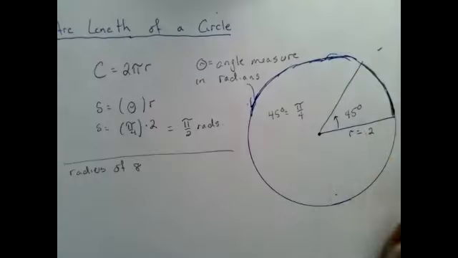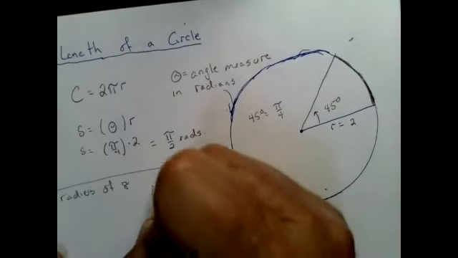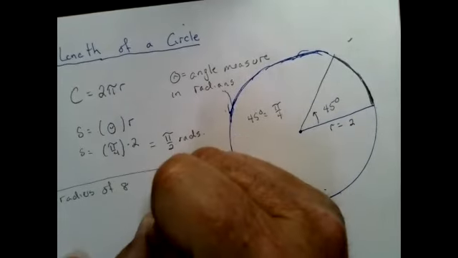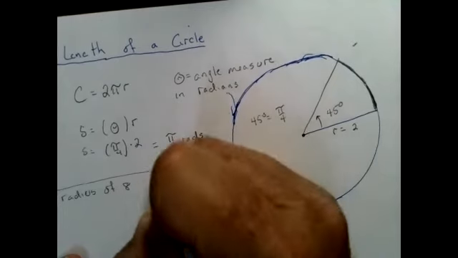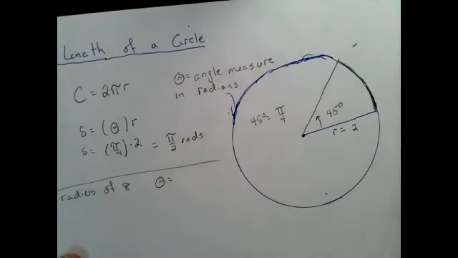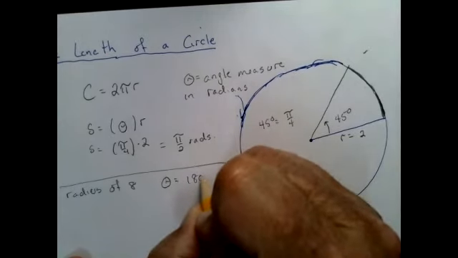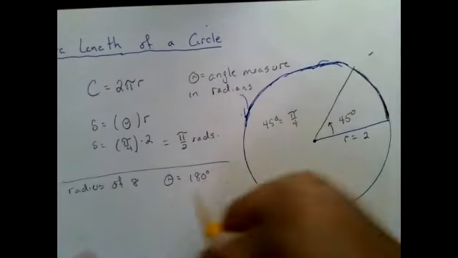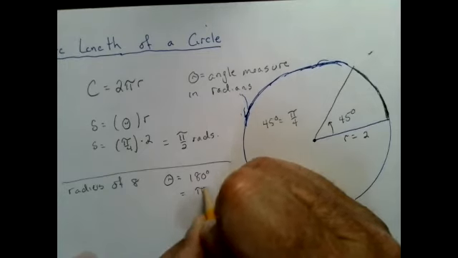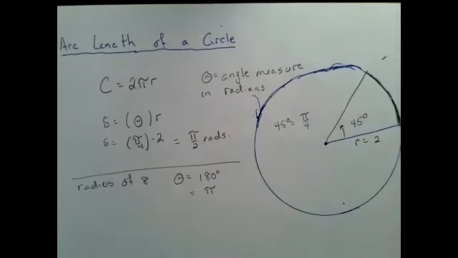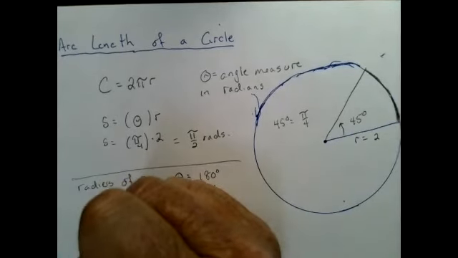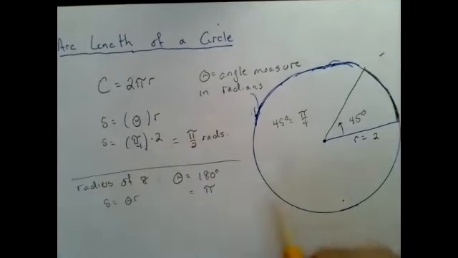So if I decided to go halfway around, I know that my radius is 8. My theta originally, I know it to be 180 degrees is halfway. But now that I'm learning this thing called radians, I know it's going to be pi. Okay, so arc length, S equals theta R.